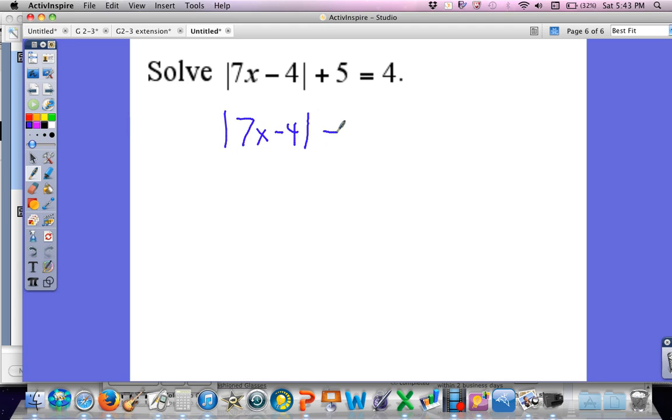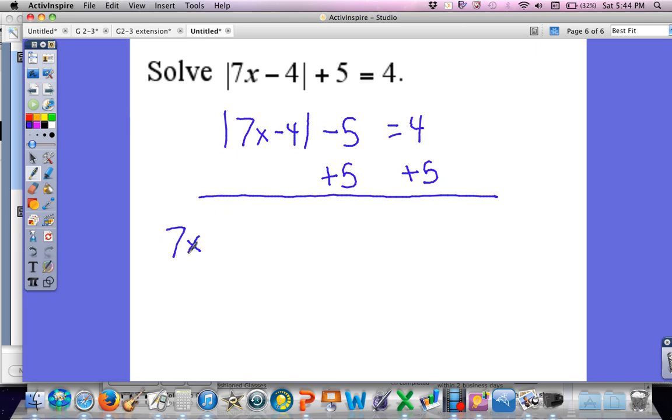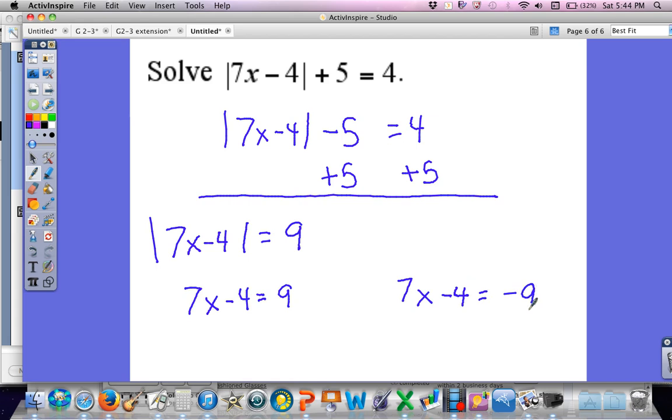If I changed this problem and I did the absolute value of 7x minus 4 minus 5 is equal to 4, then when I added 5 to both sides, I would get 9. So since the absolute value of 7x minus 4 equals 9, that means that 7x minus 4 could equal 9, or 7x minus 4 could equal negative 9.